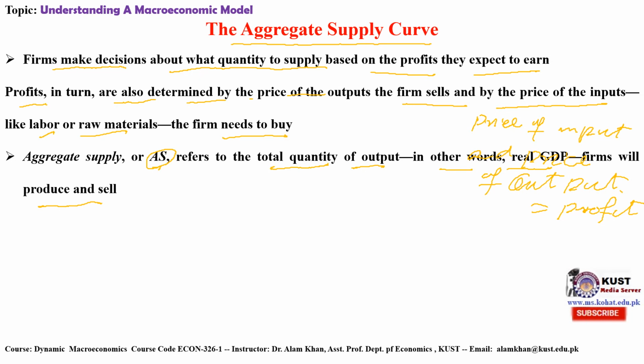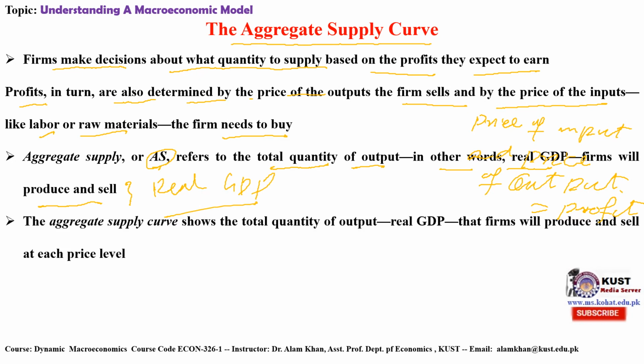So the total amount of goods and services produced in an economy. Here we are measuring aggregate supply in the form of real GDP. The aggregate supply curve shows the total quantity of output relative to GDP that firms will produce and sell at each price level.